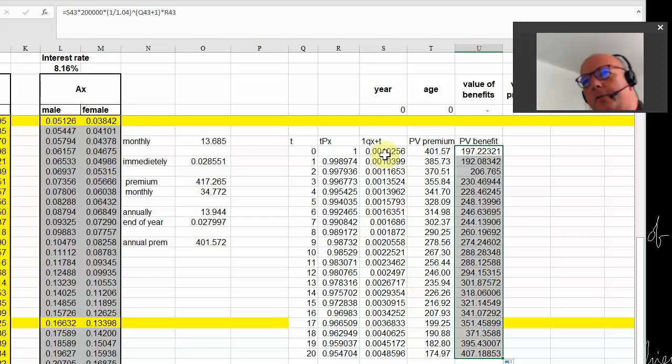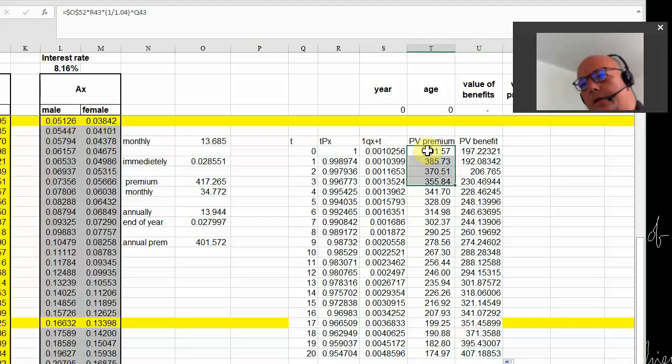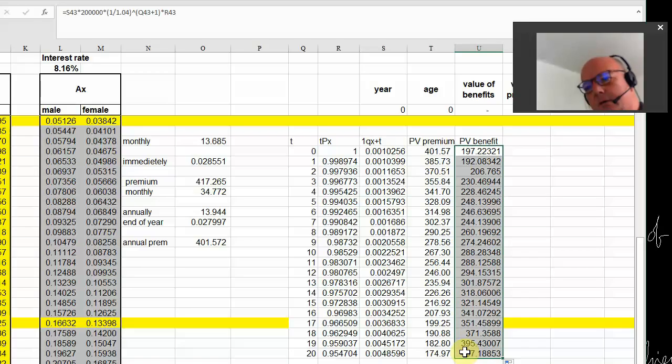You can see the probability of dying is about 5 times as much by the end, but the benefit isn't 5 times as much. But that's because you've only got a certain chance of surviving that long, and also you're discounting because of the interest rate. Okay, so the total value of the premiums is 5,774. The total value of the benefits is 6,006.